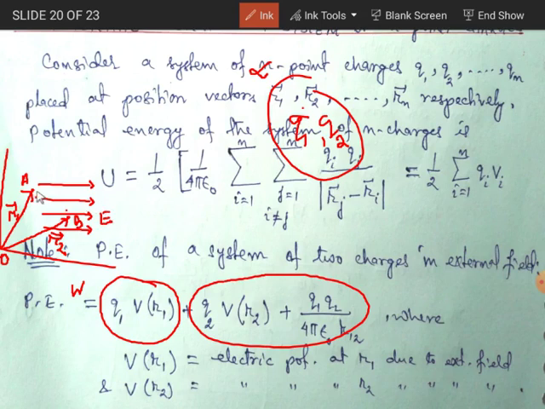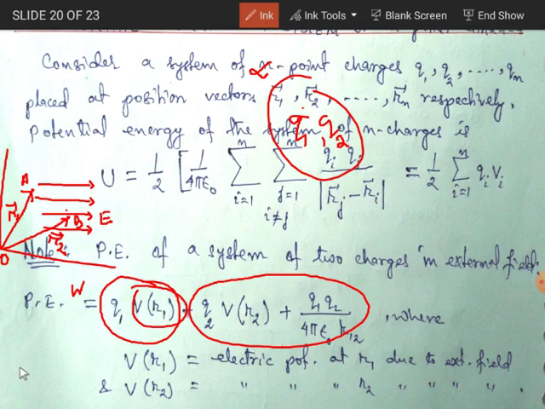A. That means at this point there will be an electric potential due to this electric field, right? That potential is denoted by this portion. Got it? So potential times Q will simply be equal to your work done. Why?